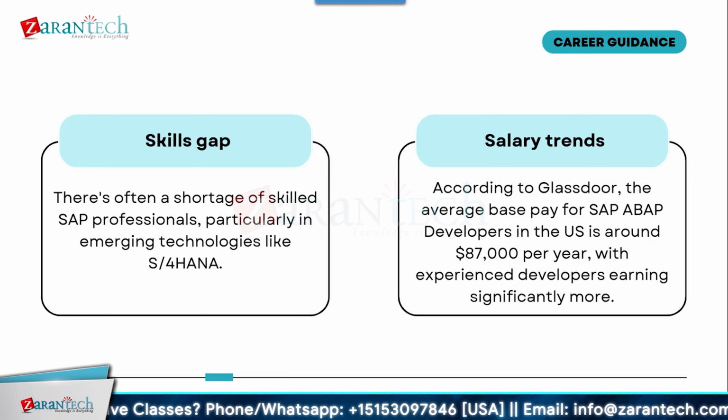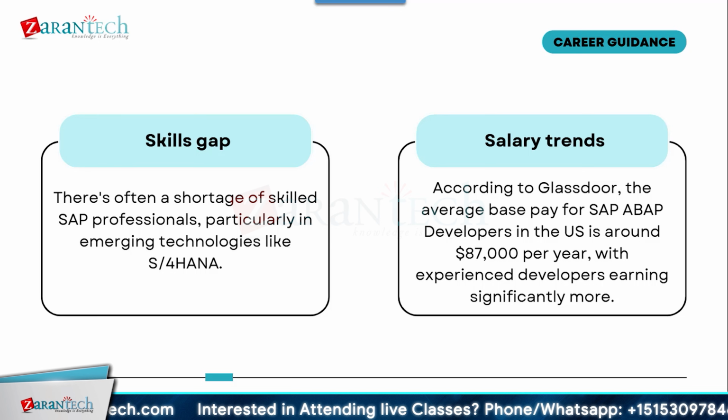According to Glassdoor, the average salary of SAP ABAP developers in the US is somewhere around 87,000 US dollars per year. However, experienced developers can earn much more than that. For instance, senior SAP ABAP developers with advanced expertise in areas like S4HANA can command salaries upwards of 120,000 US dollars annually, or even more than that.